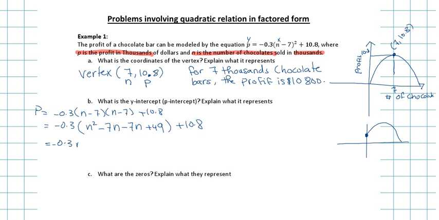Can you guys do me a favor and multiply 7 times 0.3? Should be 2.1. Yep. 10. And then now I collect like terms.